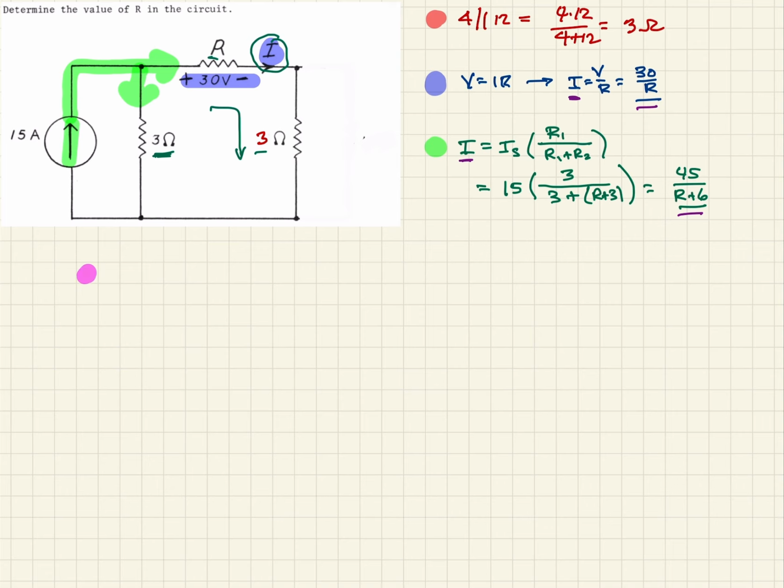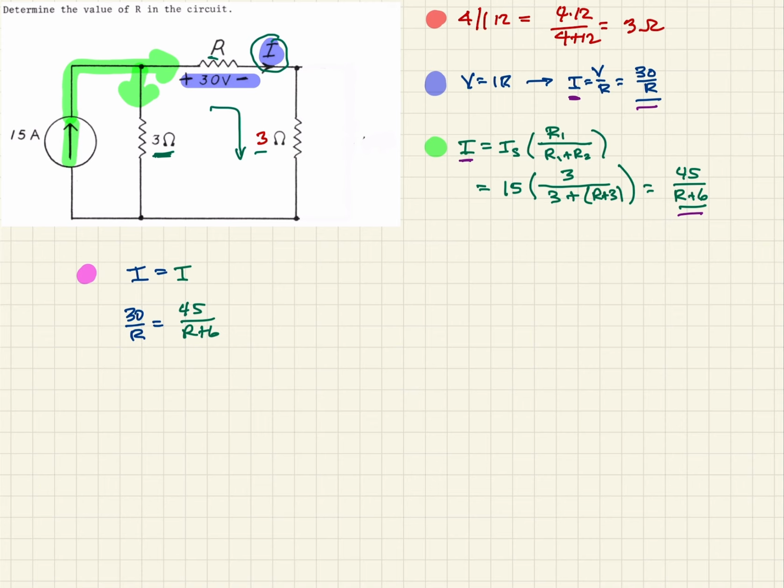So in other words, let me rewrite it with the colors. We're going to say that I from the blue part is equal to I from the green part. So when we look at it that way, that means we're going to have 30 over R is equal to, and from the green part, we have 45 over R plus 6.